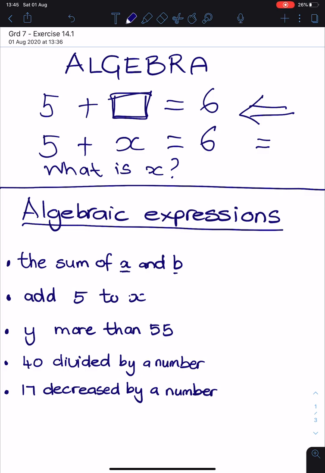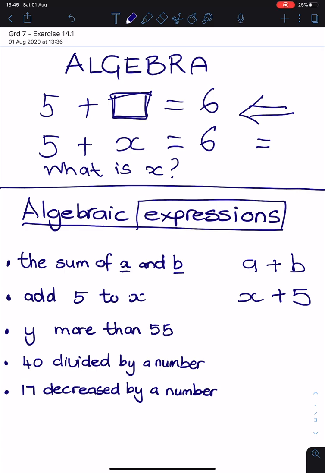The A is first, then the B. So the sum of A and B will be written as A plus B, and that's how you leave it when you are only asked for an expression. Let's look at the second one. It says add 5 to x. X plus 5.